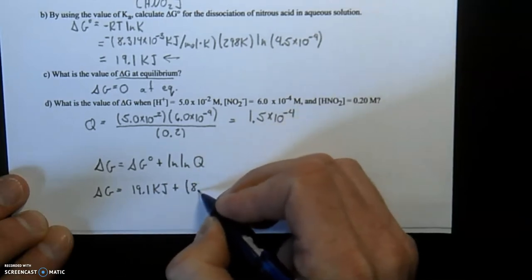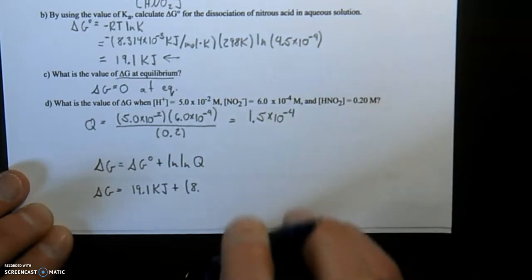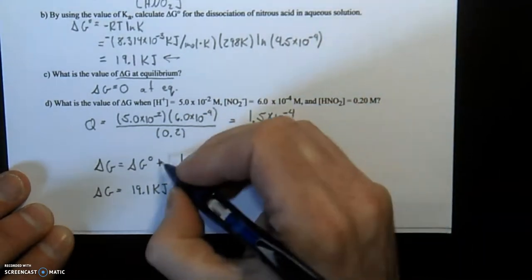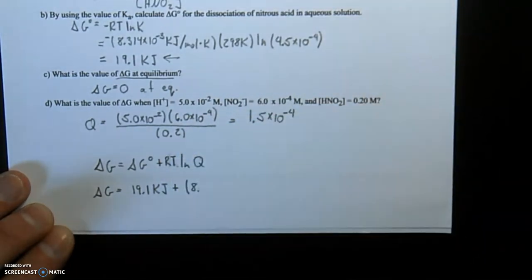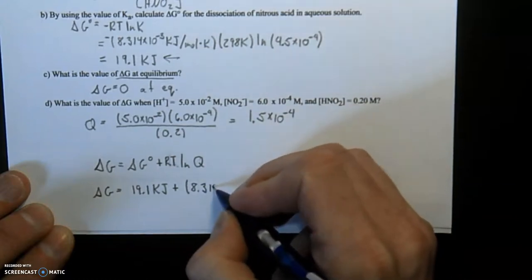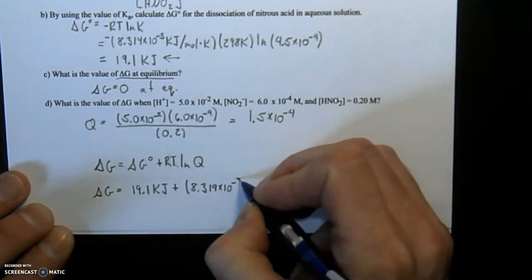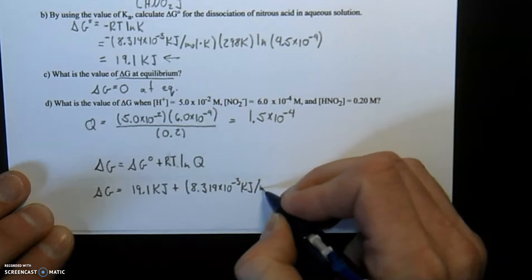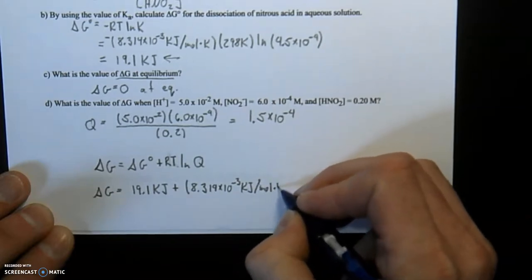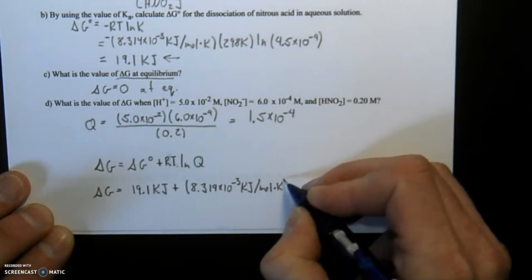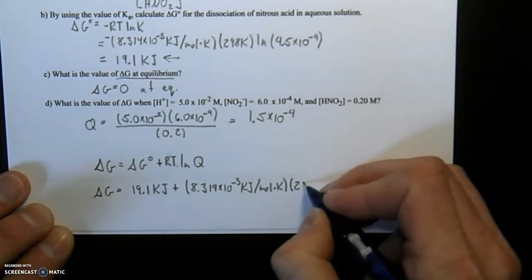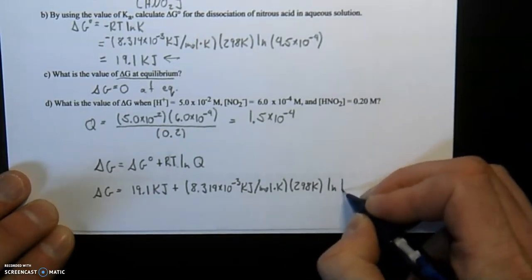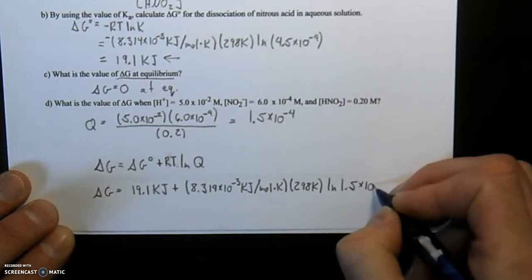plus, and again, using the equation, what did I do here? I'm looking up, it's like, that doesn't look right. Talking and writing at the same time isn't as easy as it sounds. There we go. 8.314 times 10 to the negative 3. And again, that's kilojoules per mole per Kelvin, and times 298 Kelvin, and natural log of 1.5 times 10 to the negative 4.